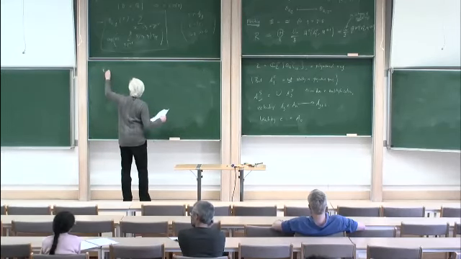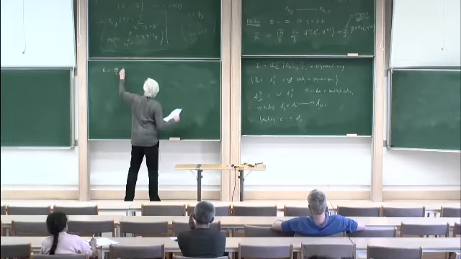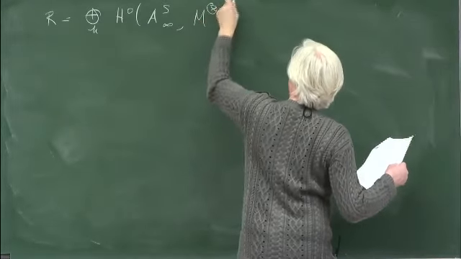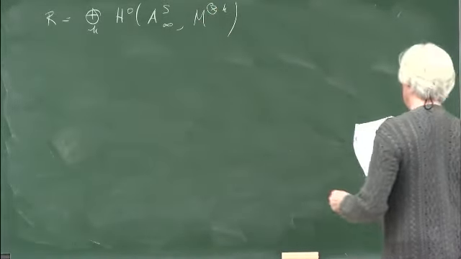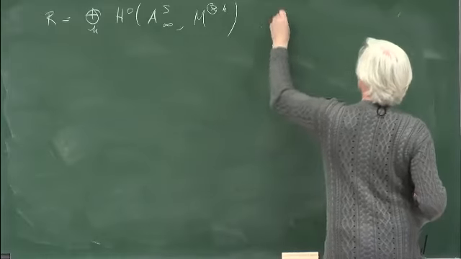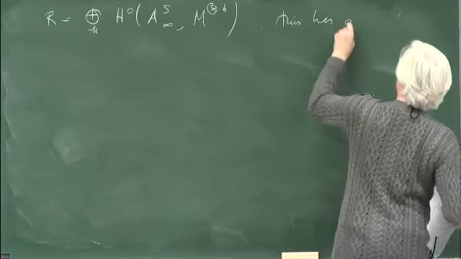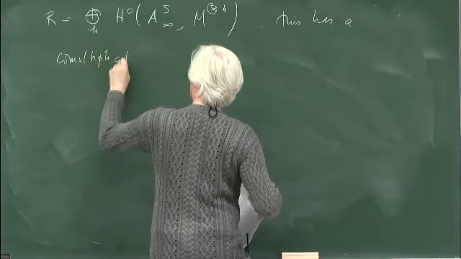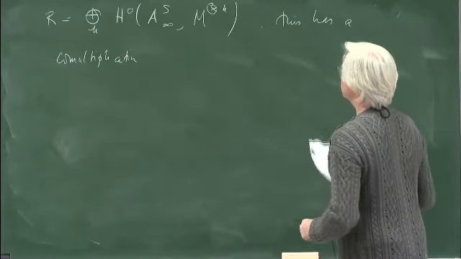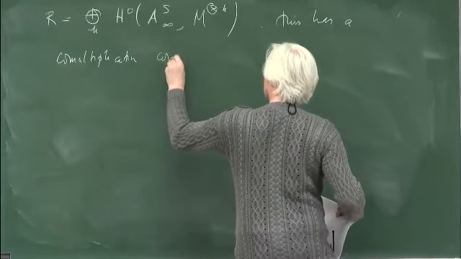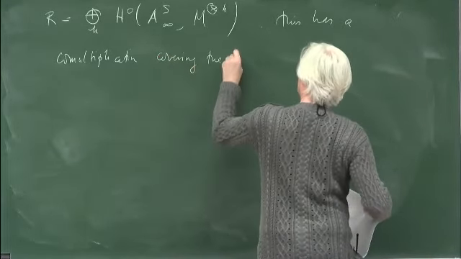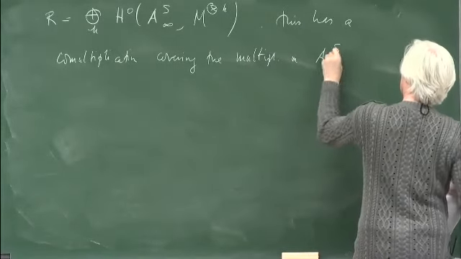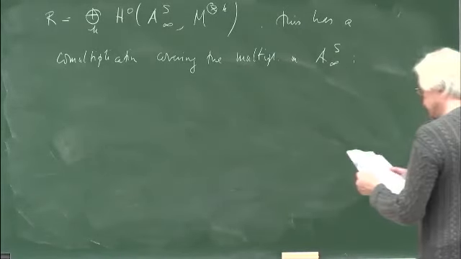I can think of R as a graded ring. This has a co-multiplication covering the multiplication, and you can write this down in terms of theta series very simply.